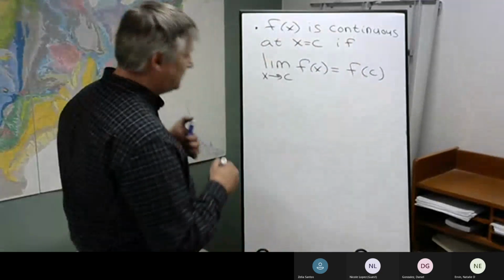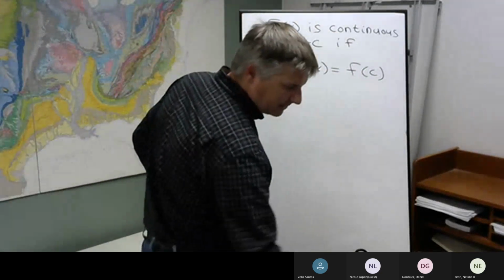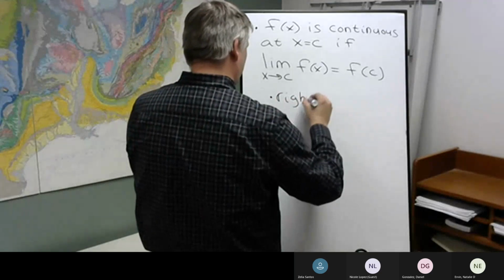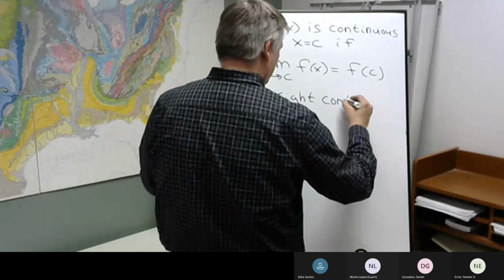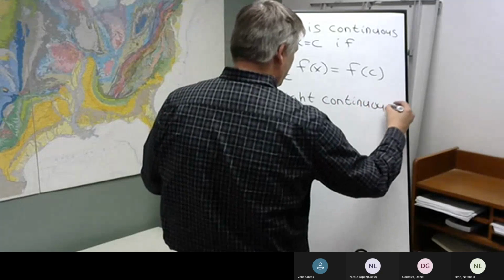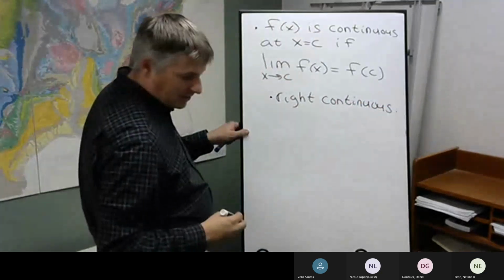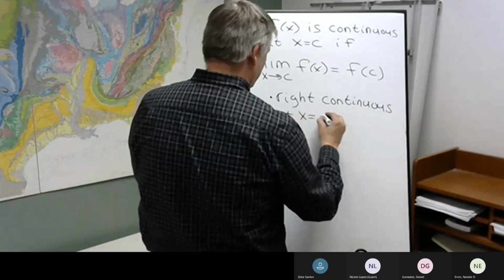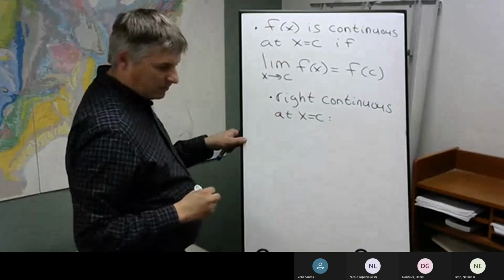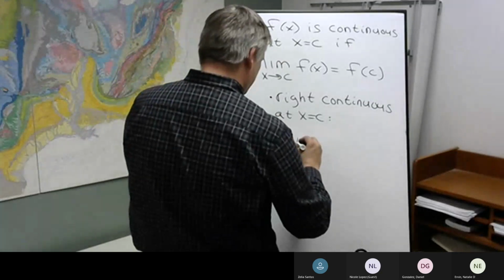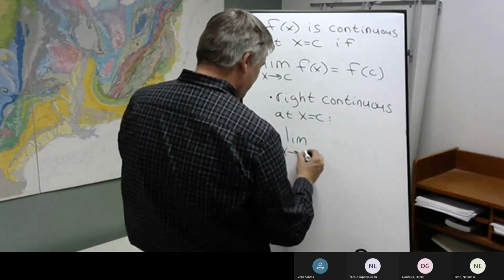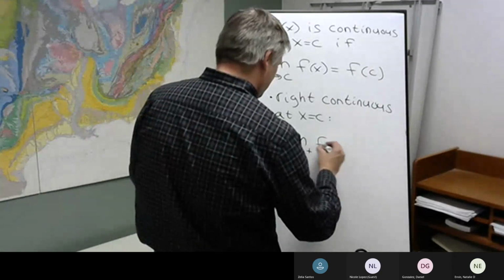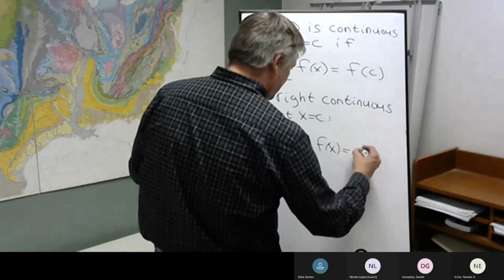So we have right continuous, and we'll do an example kind of going over these. So for this one, the limit as you approach c from the right, f of x equals f of c.